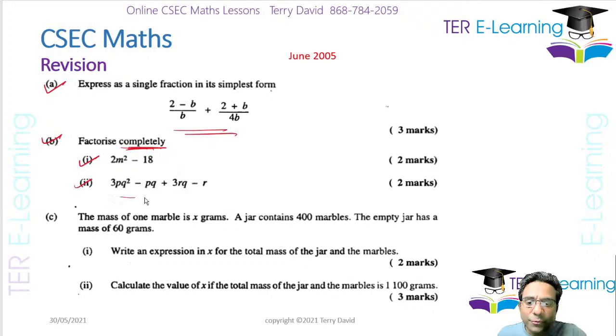Now, if we look at this here, we have 4 variables. That's also a hint to us. Every time you see 4 variables in the exam, more than likely it is a factorization by grouping.